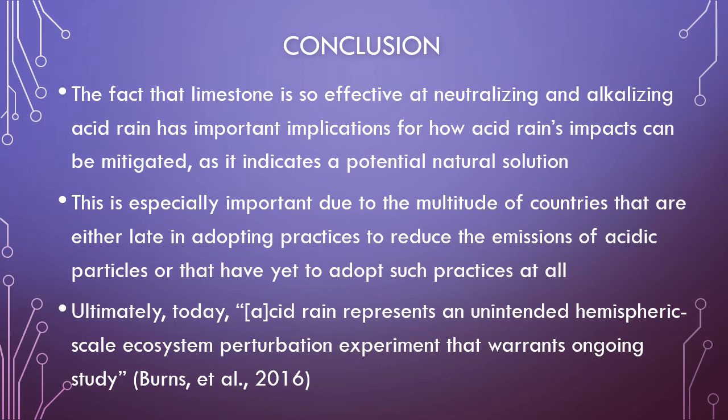So really capitalizing on the role of these alkaline soils and carbonate stones in particular in neutralizing or even alkalizing acid rain would likely be faster and perhaps easier solutions to implement starting in the more immediate term to help combat this really insidious ecological problem.